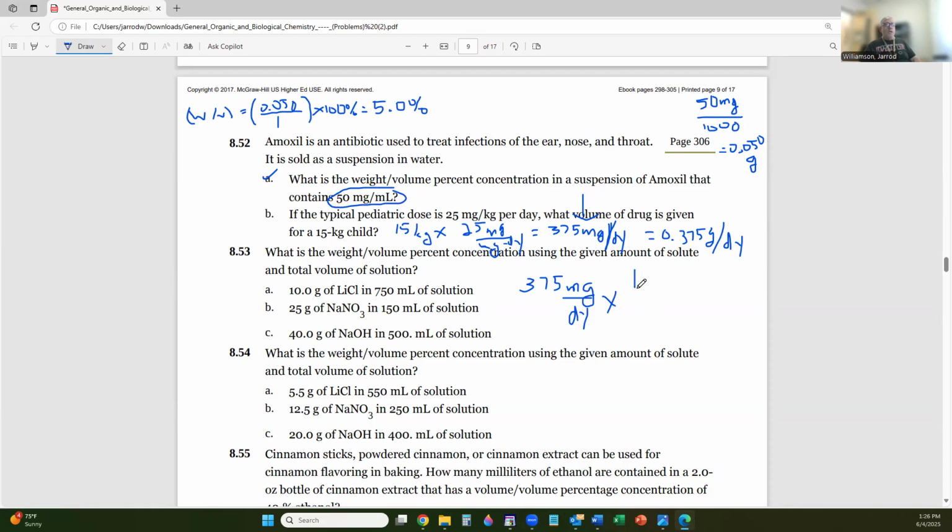I'm going to go 1 milliliter over 50 milligrams. Do that upside down, because then milligrams will cancel with milligrams. Okay. So 375 divided by 50, and that's going to give me 7.5 milliliters per day.